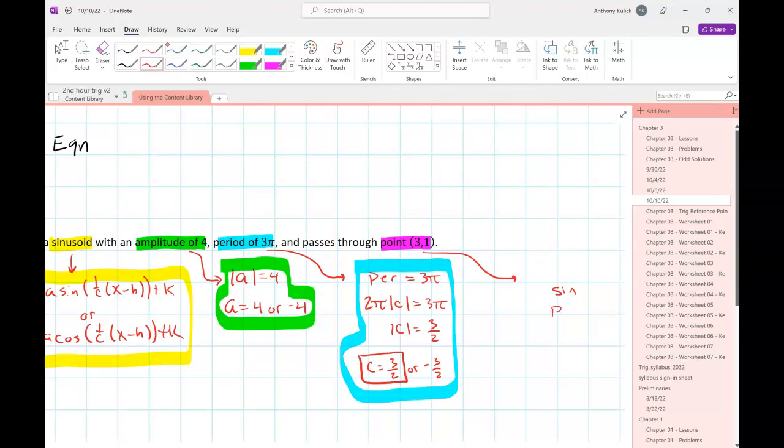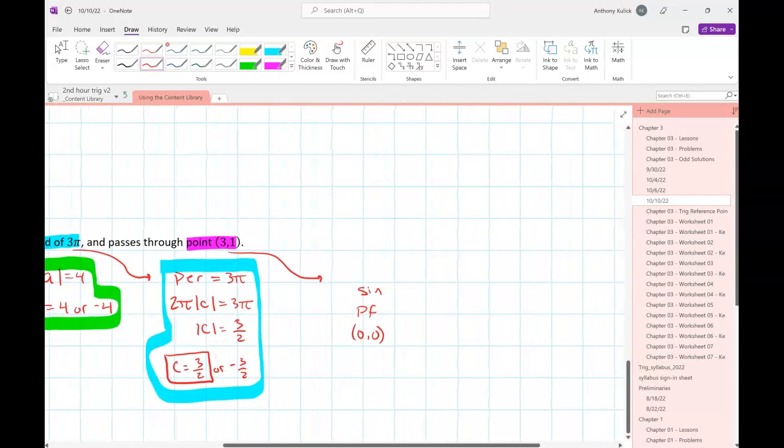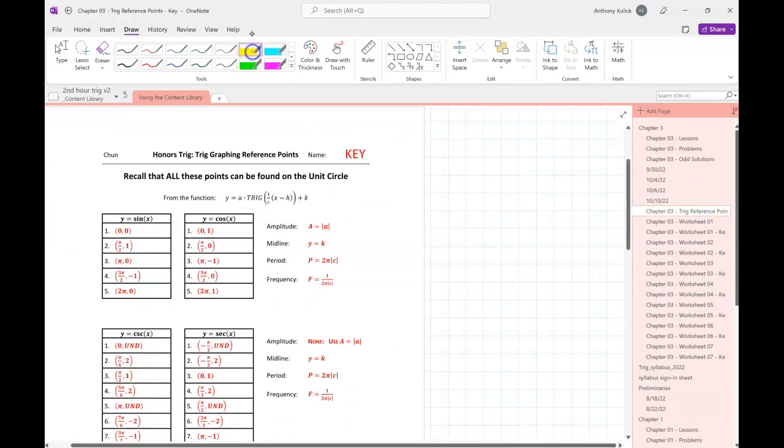So that means I can choose any point from the parent function I want, which for sine, I'm going to pick the point 0, 0. Remember, I'm choosing from the points on the parent function.